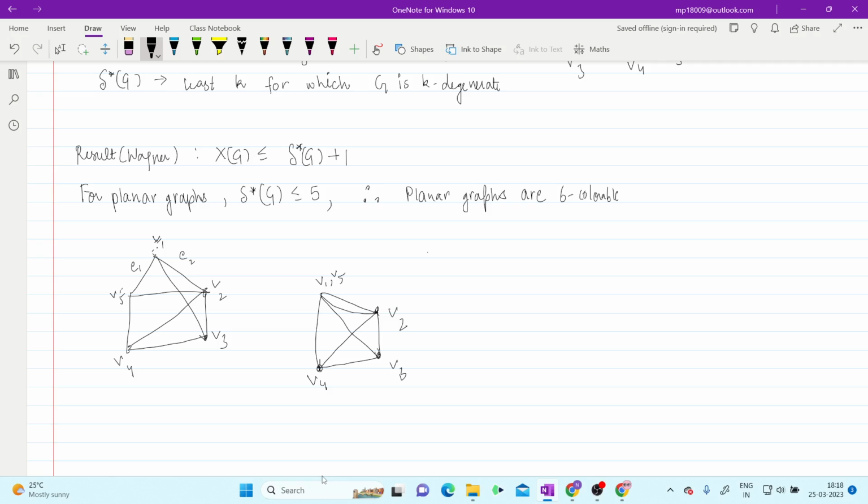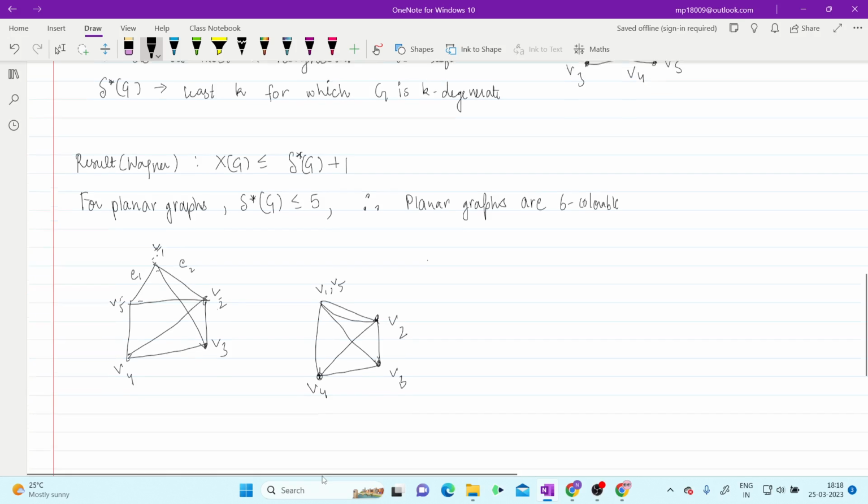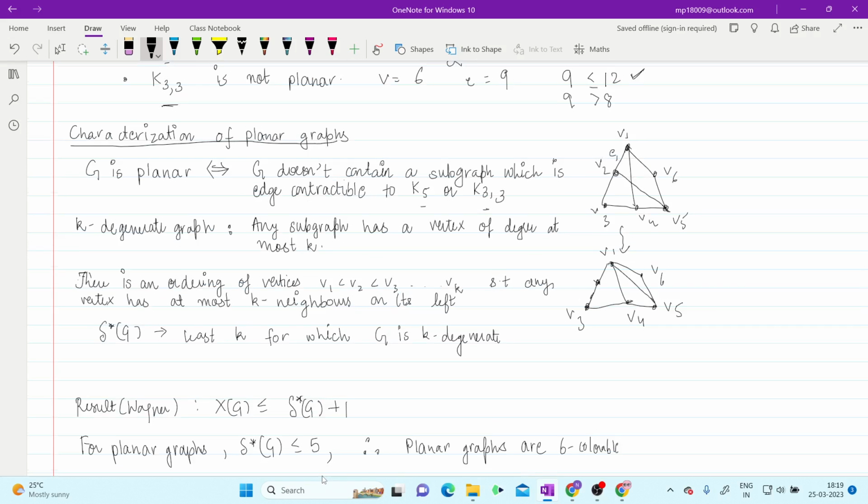We see that there was an edge from v5 to v2 and v1 to v2, so now we'll have two edges. In this example we were contracting v1 v2, and there was an edge from v1 to v4 and v2 to v5.